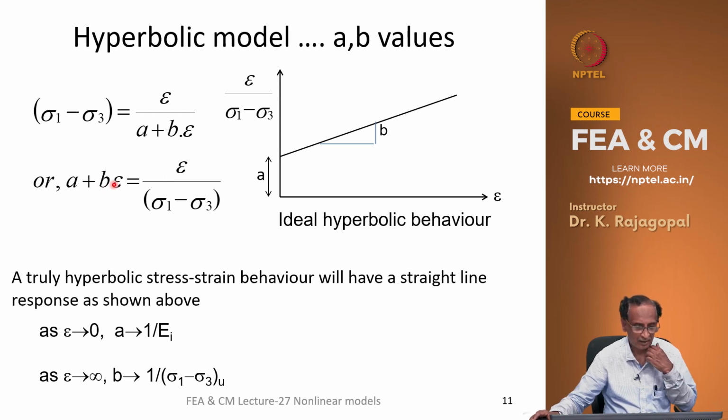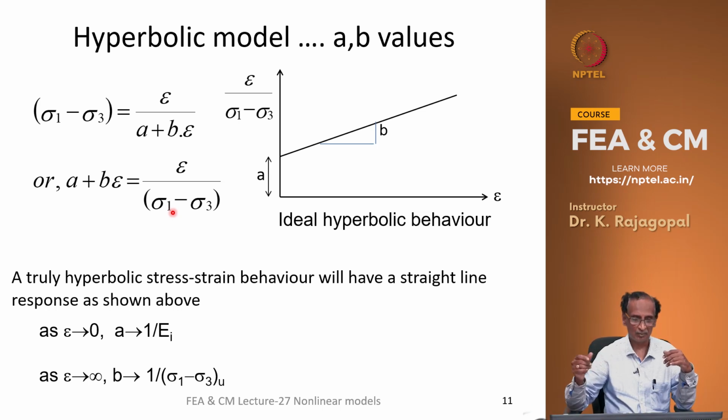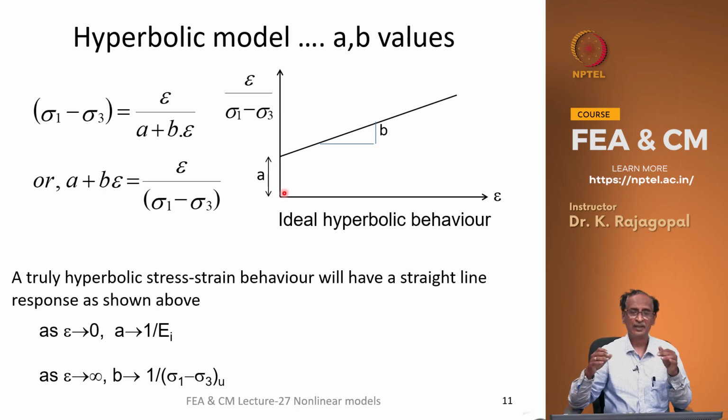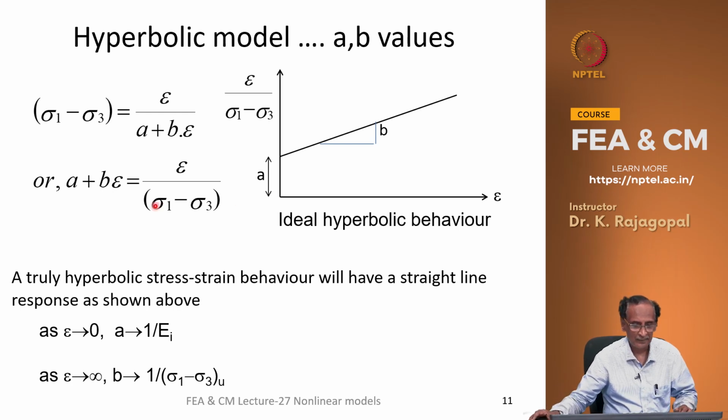Actually, as epsilon tends to 0, B epsilon cancels out on the left hand side, and on the right hand side we have epsilon by sigma 1 minus sigma 3, that is the inverse of the initial modulus. So, our A, the intercept on the y axis, is the inverse of your initial modulus. And what is the slope of this line, B?